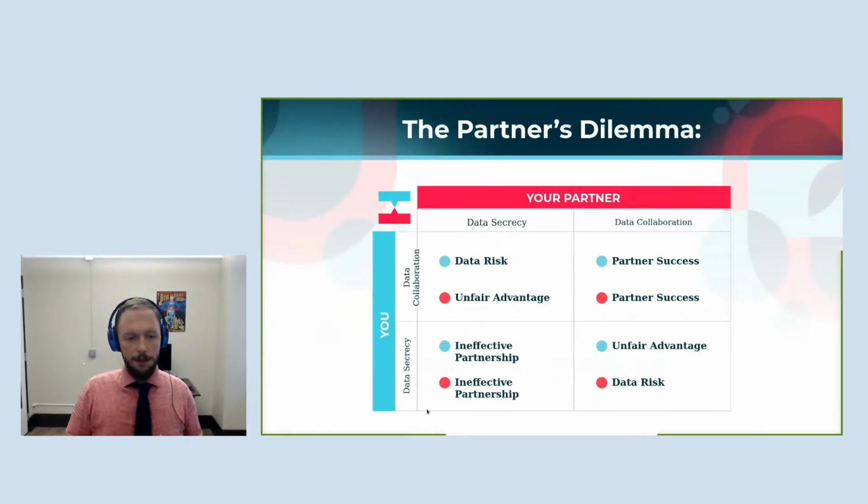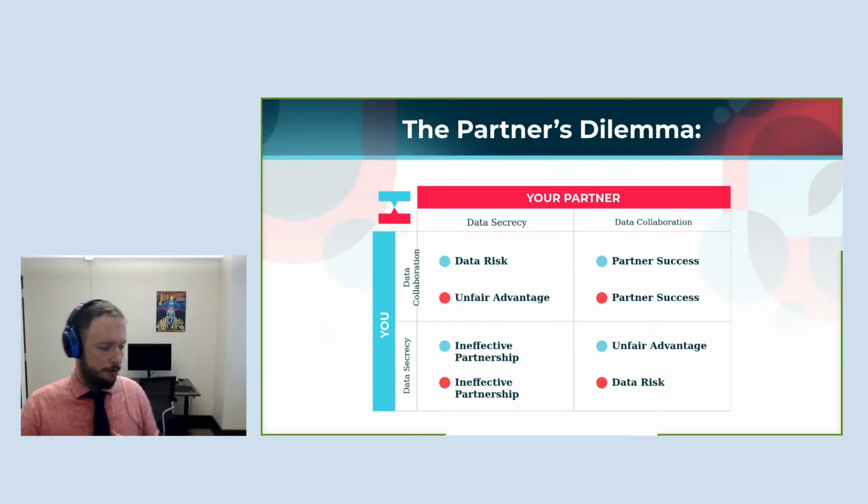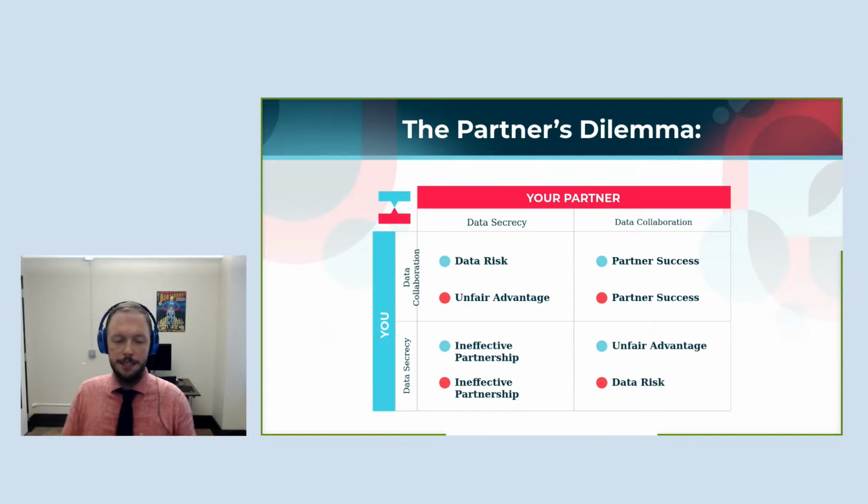Let me give a little introduction to what Crossbeam does. Essentially, we are writing software for people who work in partnerships between SaaS companies. Let's imagine you sell French fries and I sell hamburgers. We're not really competitors, because people who buy your French fries might want to buy my hamburgers.